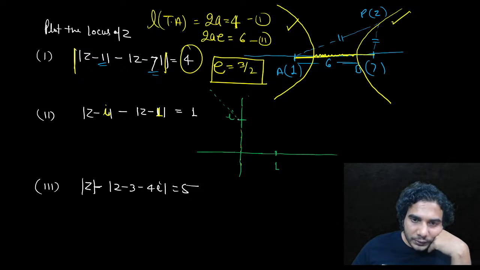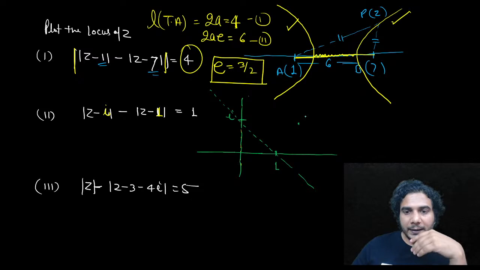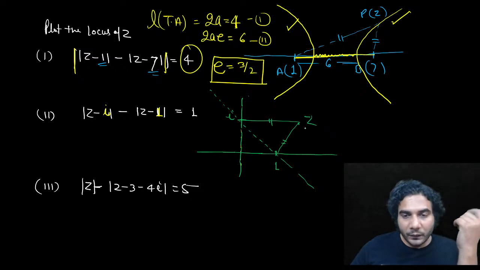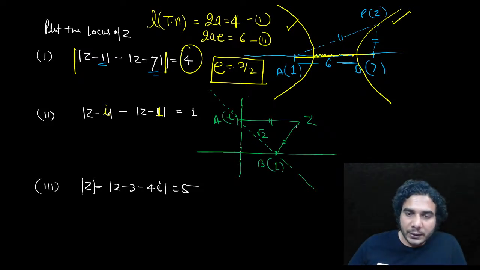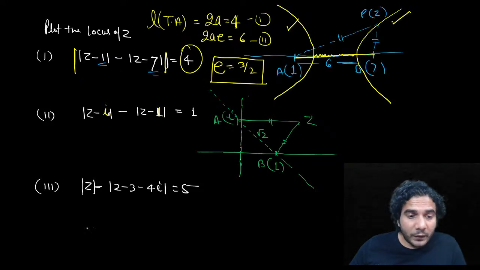So join these 2 points, and let's take this point as z. The difference of these two sides is given as 1, which is less than root 2, right? Because the distance between A and B is root 2. Yeah, of course. So the triangle will form again.